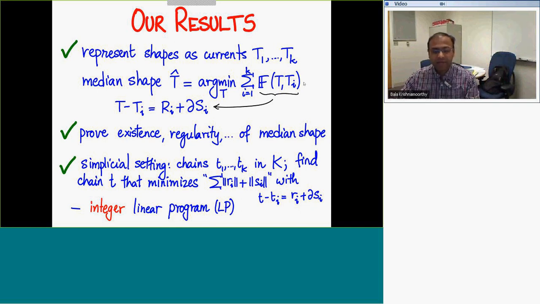But we add a regularity term: instead of that, I'll say minimize the sum of flat distances and also the mass of T. So I don't want it to wiggle around too much. I want something that starts at the left endpoint and goes to the right endpoint but has smallest mass, so you get the straight line. So that is a mass regularized median, and we have properties proved for that also. That is actually unique. In meshes, we can prove that that is unique.